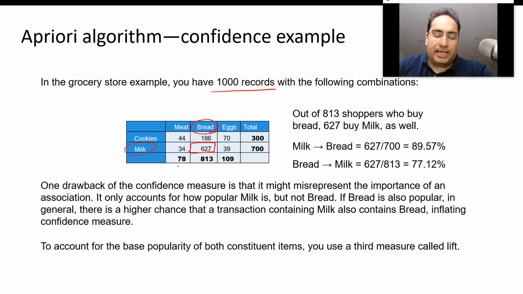So when you look at this, from the total 813 times that bread was bought, 627 times milk was also bought. So this is how we could read this table.